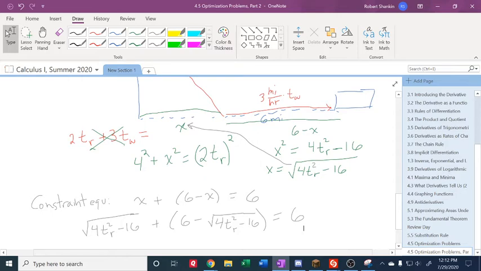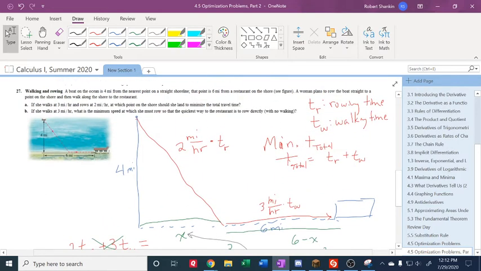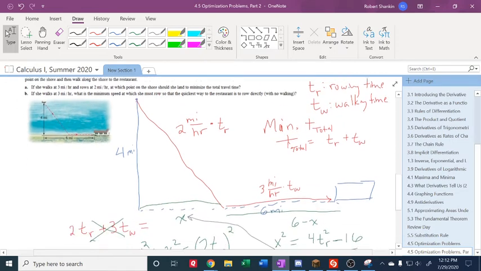So the time going down the hypotenuse would be the square root of x squared plus 16 over 2, and the time going 6 minus x would be over 3. And then I took the derivative of that equation.